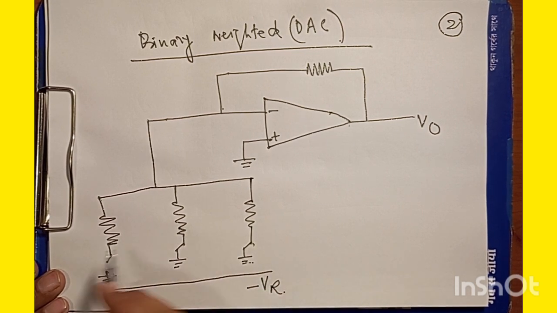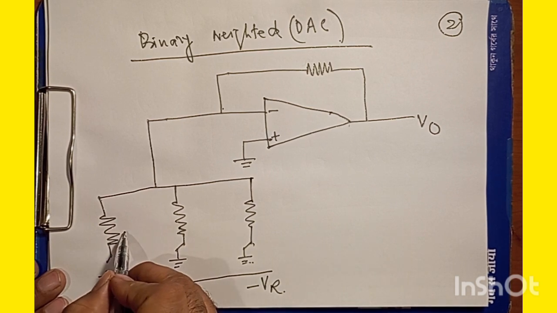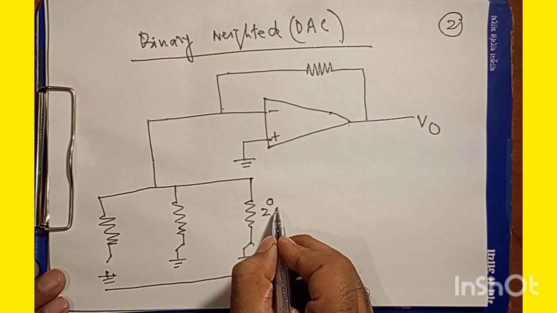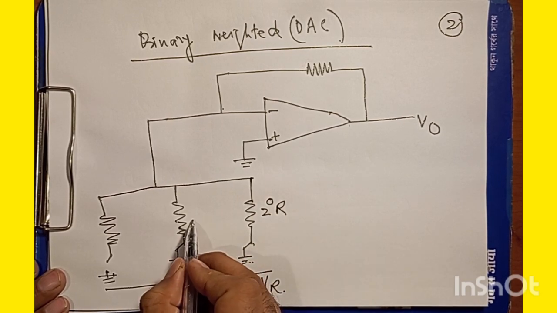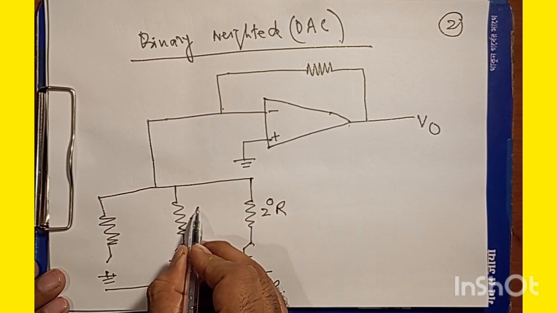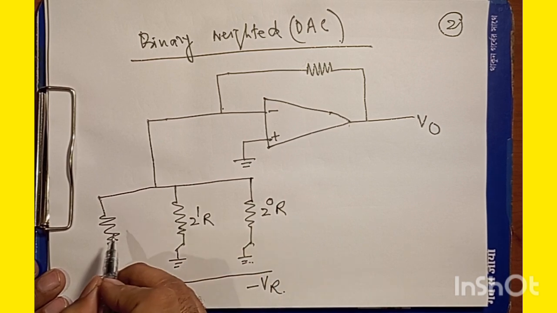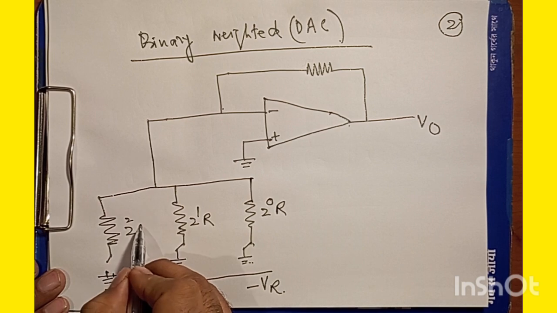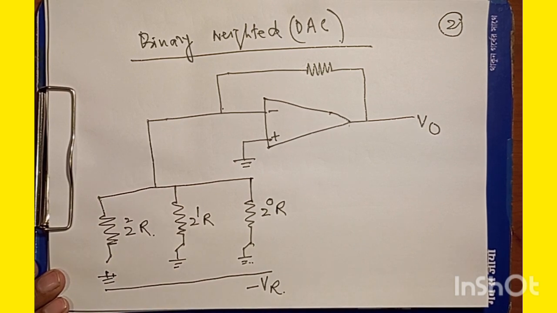Now, if I start from here, this will be 2 to the power 0 R. This will be 2 to the power 1 R, and this will be 2 to the power 2 R, right? So this is the situation.